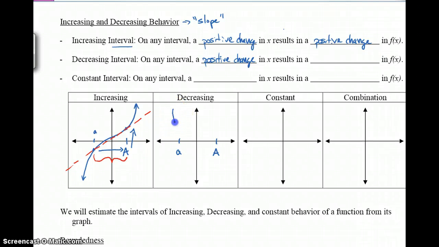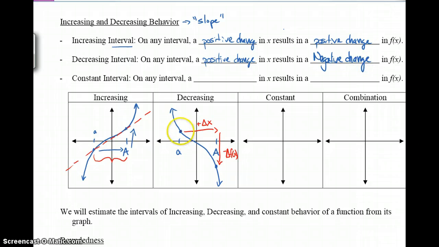So we can take our graph and really flip it upside down and see that at these 2 points with a positive change in x, so positive delta x, we'll have a negative change, meaning change of f of x. So it will be going down. We will have a negative change.